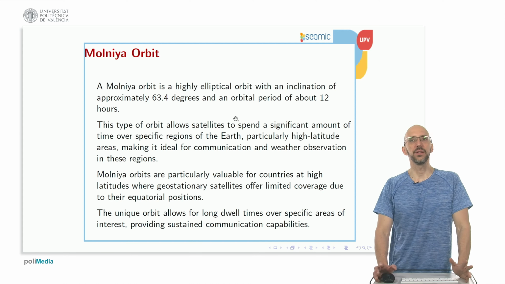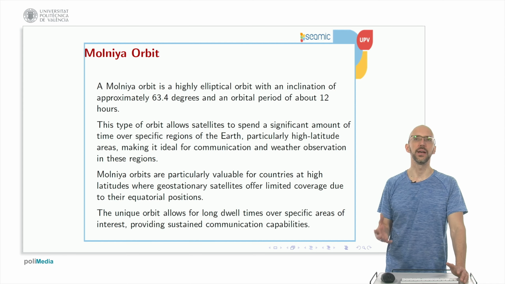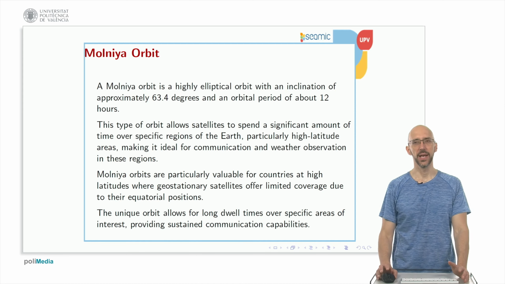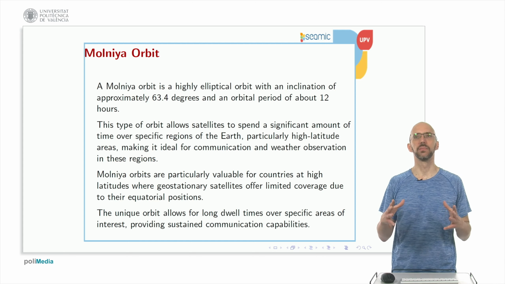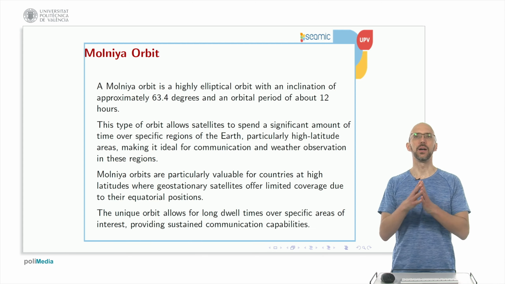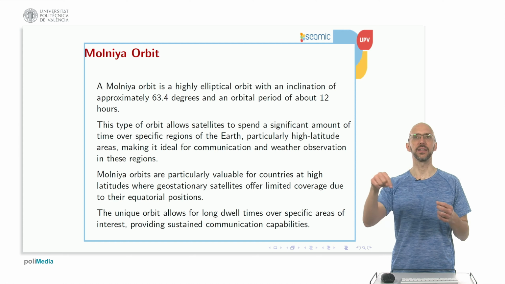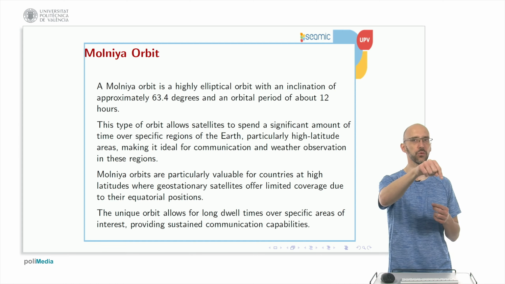Okay, why are these satellites or these orbits important? They are important if we consider communications, weather observations. Okay, the best way to observe the Earth with full visibility from the Earth is a geosynchronous orbit. That means I put a satellite in the equator rotating at the same speed the Earth rotates.